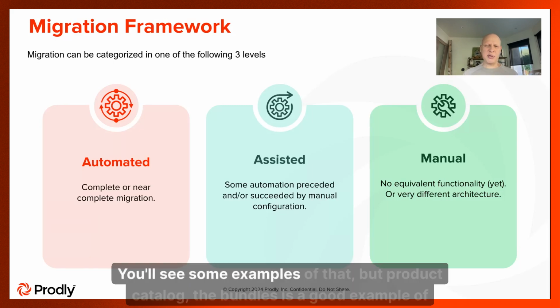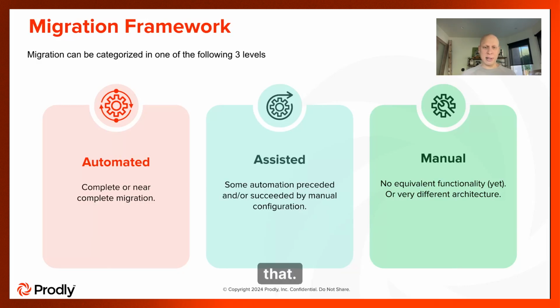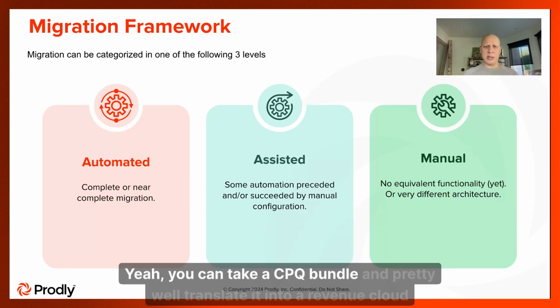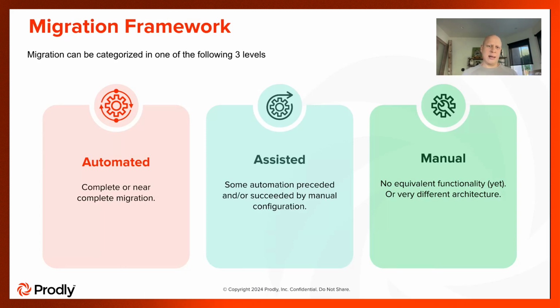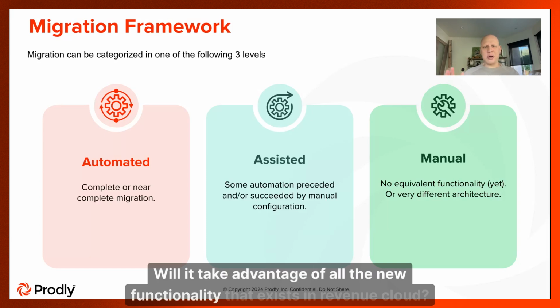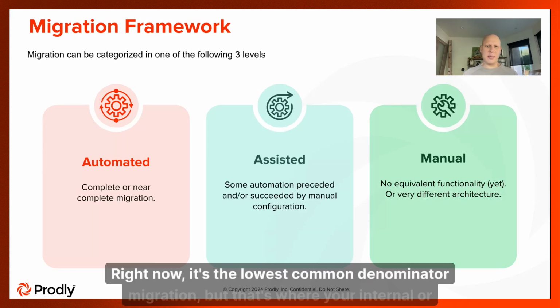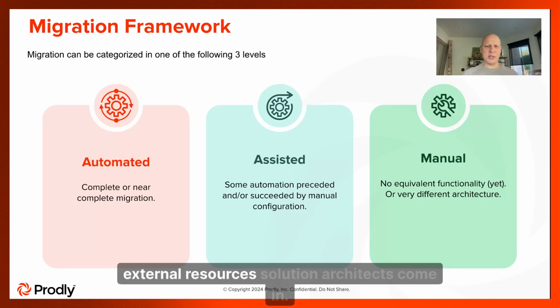You'll see some examples of that, but product catalog, the bundles, is a good example, where you can take a CPQ bundle and pretty well translate it into a Revenue Cloud bundle. Will it take advantage of all the new functionality that exists in Revenue Cloud? No, it's the lowest common denominator migration, but that's where your internal or external resources, solution architects, come in.